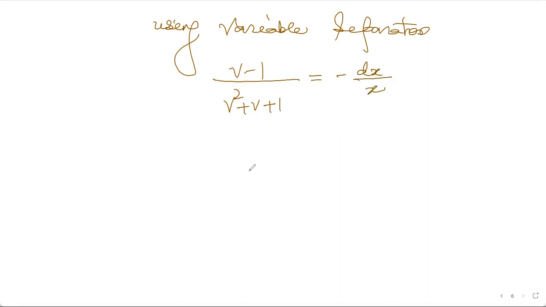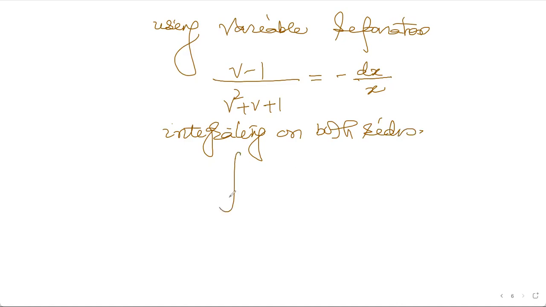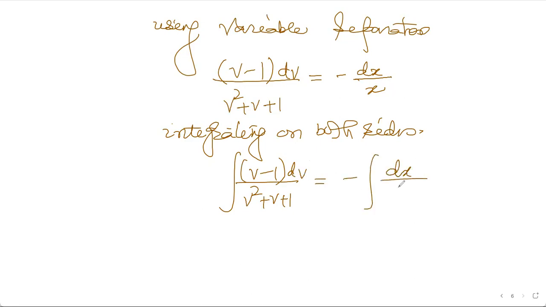So in this way I have separated the variables. Now, once I separate the variables, I will integrate on both sides. So if you integrate it, the integral of (v minus 1) upon (v square plus v plus 1) dv is equal to the integral of negative dx by x.